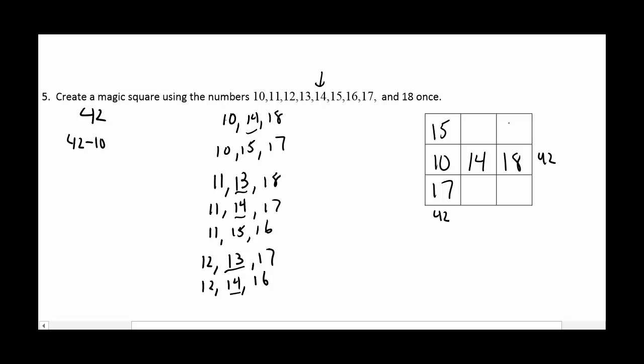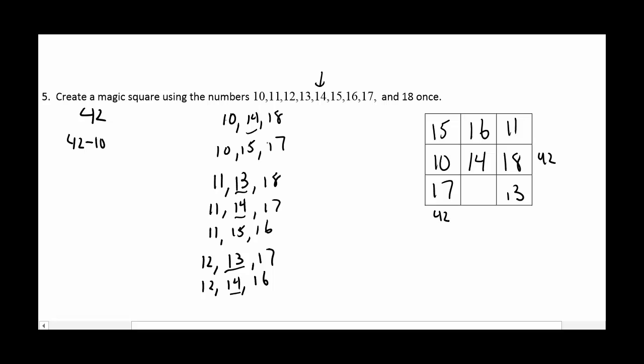Well, I can see 18, so 11 and 13. Now, at that point, I'm not sure if I need to rearrange that, because notice I've got the 17 and 13 on the same row, and the 15 and 11 on the same row. So 11, 15, all right, so that would have to be 16.